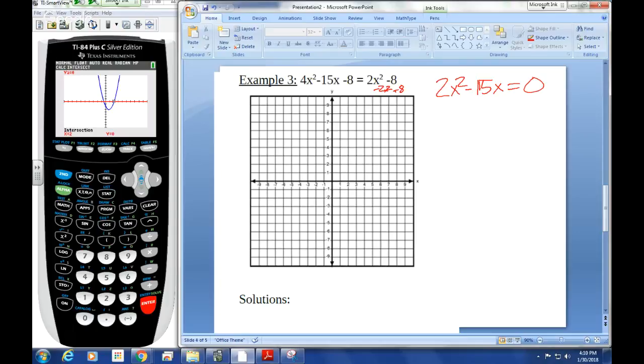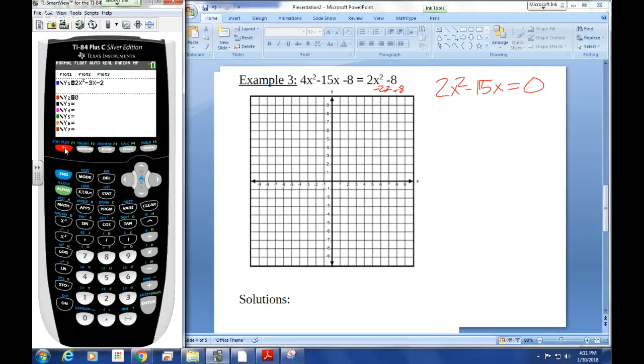And then we go back to this calculator. So here, clear out what we had before. Then we have 2x squared minus 15x. That's all we have to put right there for that.